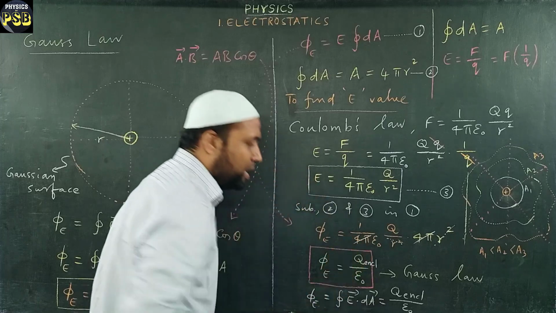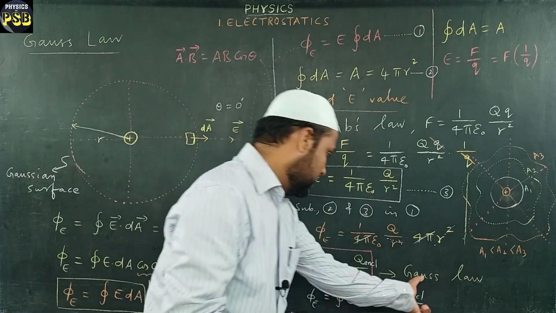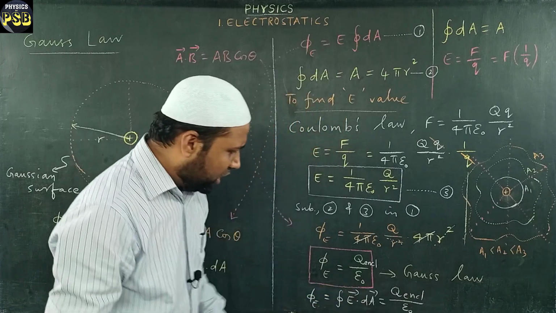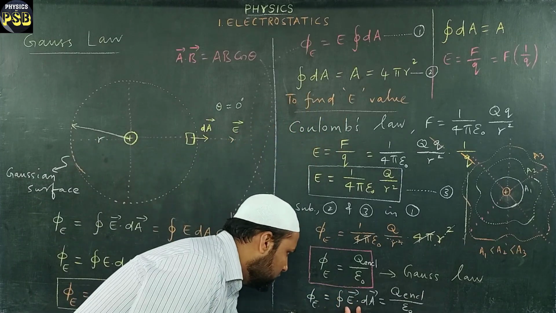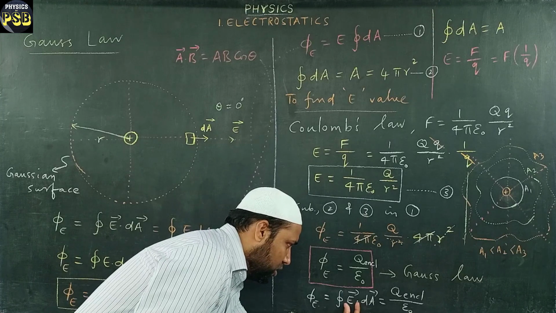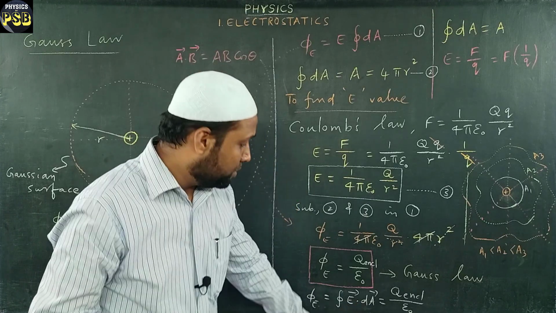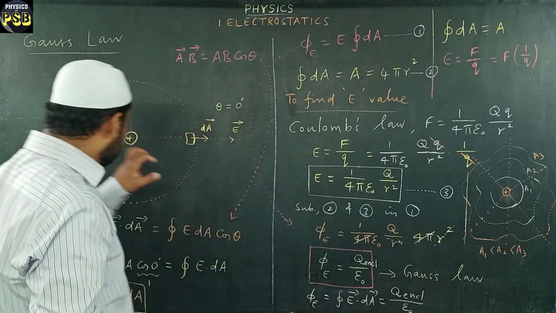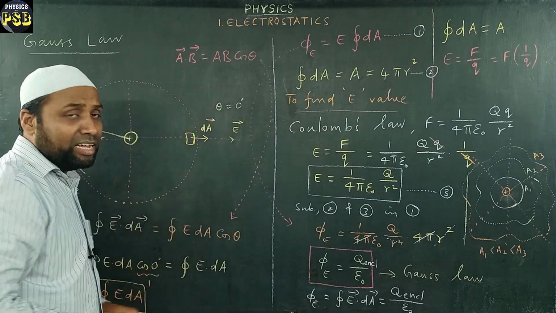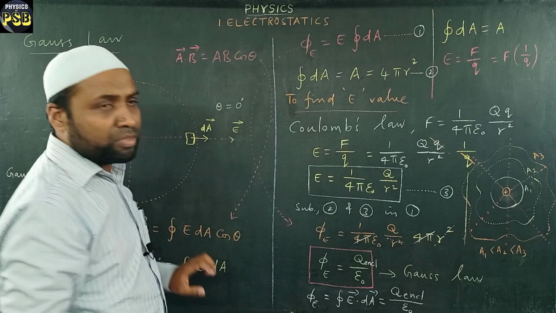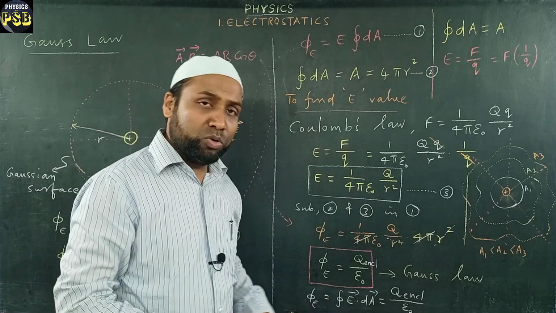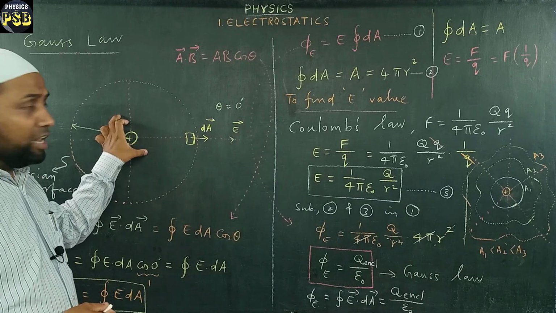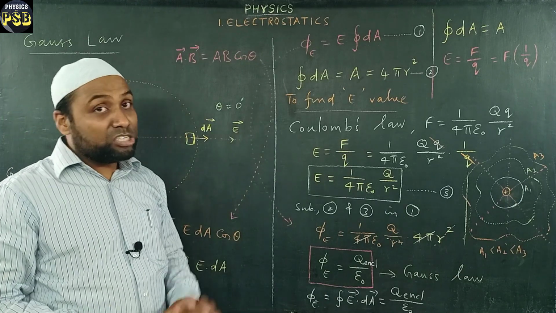Here epsilon naught is permittivity of free space. This is the Gauss law. Here if you look at this, it has E vector which stands for electric field. Here this is the electric field present inside and outside the closed surface. It is the electric field due to the charges present inside and outside the Gaussian surface.